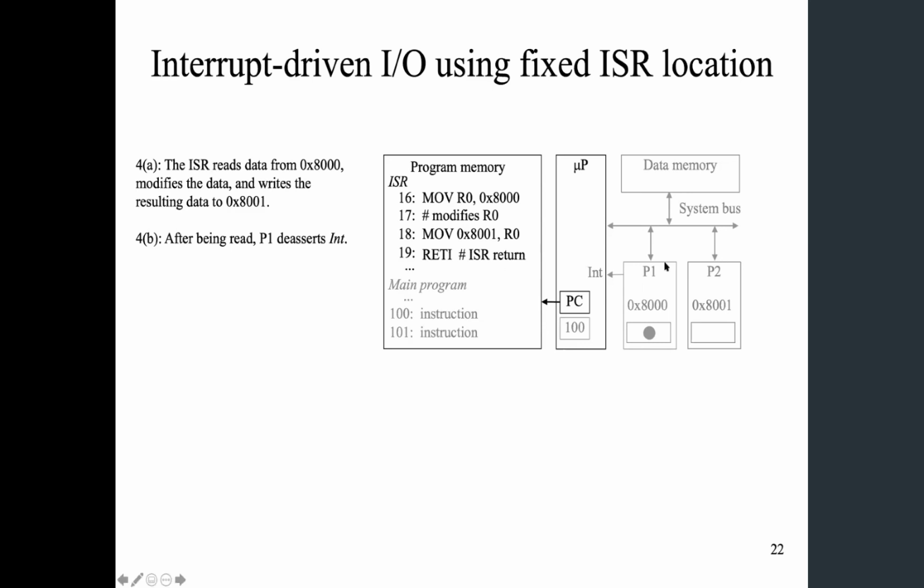So it will then deassert this INT, so this 1 will be deasserted. And also, when we write this data to another address, this new modified data in internal register R0 will be written to this peripheral P2.